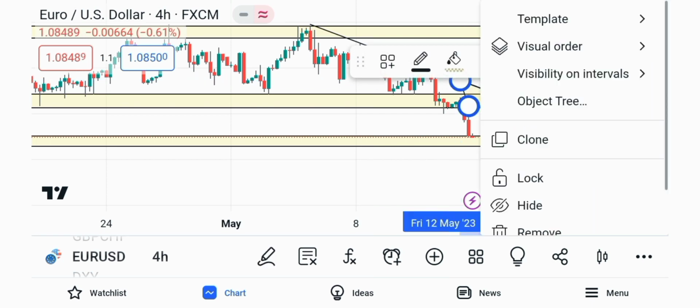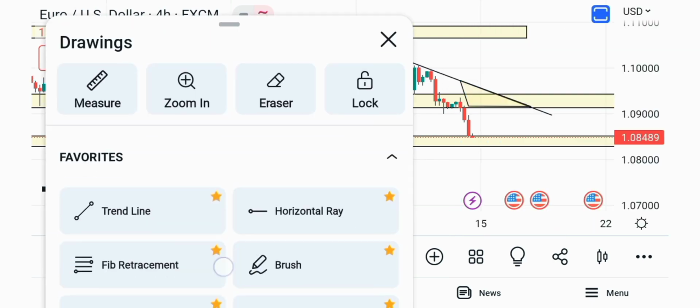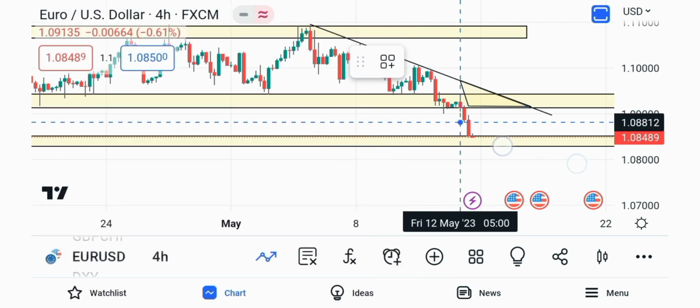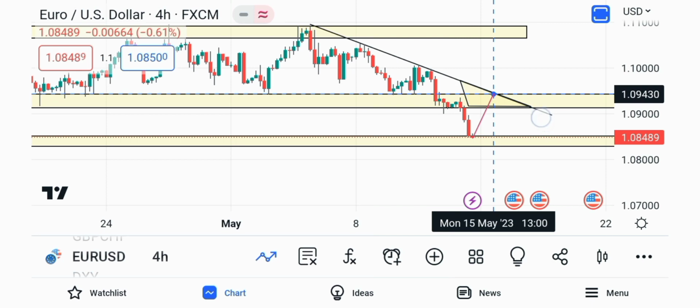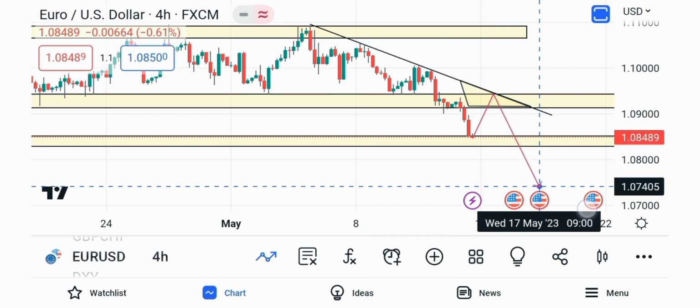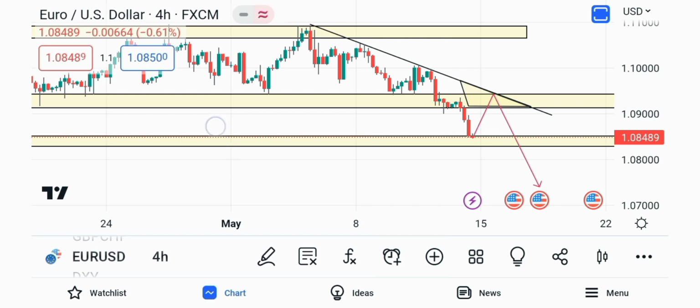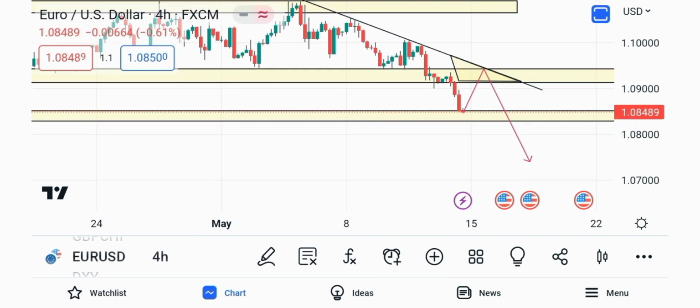It's likely that EURUSD will get to this zone, then continue downwards. So this is the analysis for EURUSD.